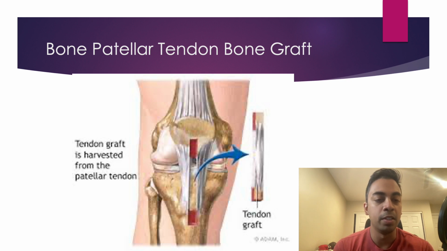We're then harvesting the central portion of the patellar tendon, and then we're also taking an additional bone graft from the tibial tubercle. So the tendon graft is harvested from the patellar tendon with bone plugs on either side of it. I'd say that this is probably a workhorse graft for me, and I'll explain why later.